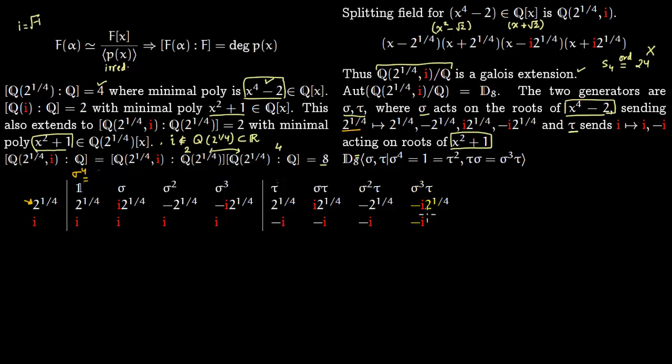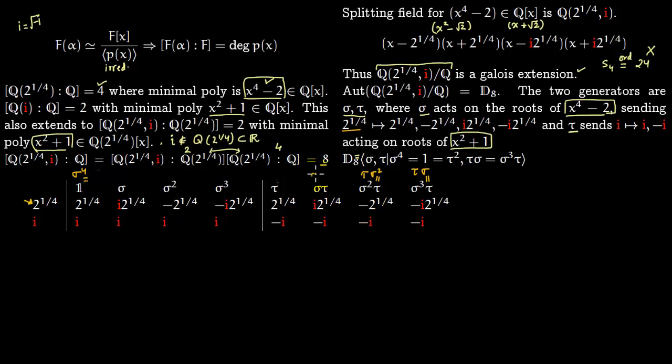So what about other permutations? What about tau sigma? So you can do tau sigma also. First apply sigma and then apply tau, but you will get precisely this result. Similarly here, you can apply tau sigma squared. So first apply sigma squared and then you apply tau to it. You will still get the same column like this.